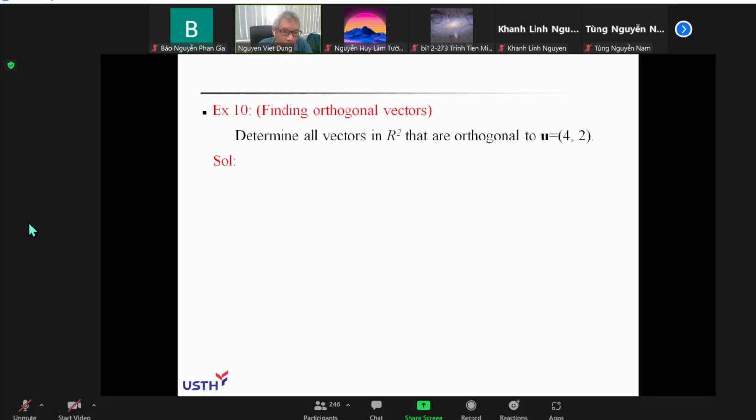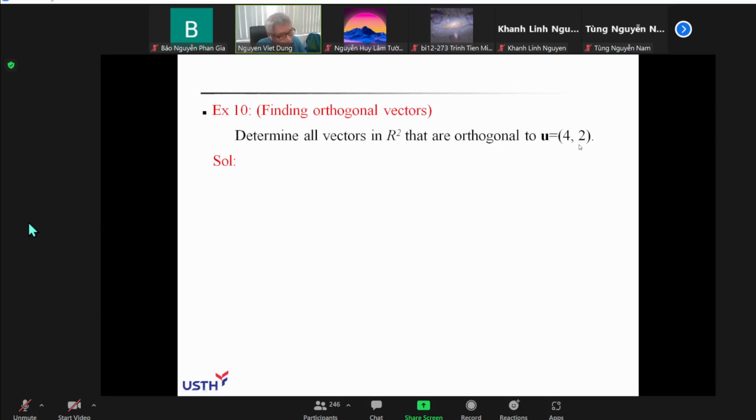And here is some very elementary examples for you. Suppose that you are working in the plane, the coordinate plane R2. You are given a vector u with the coordinate 4 and 2. And you need to find all vectors in R2 which are orthogonal to that one.